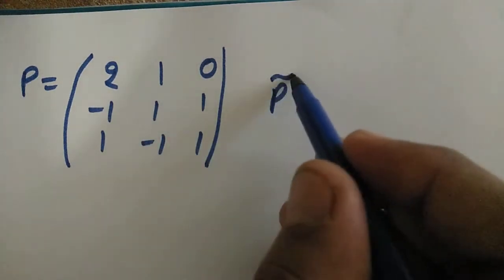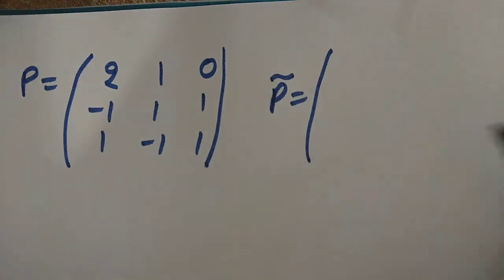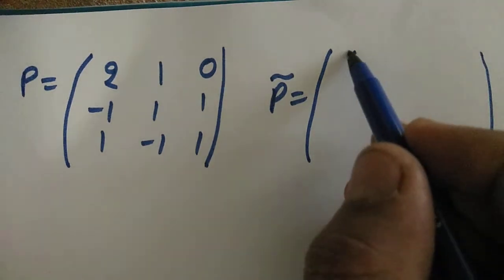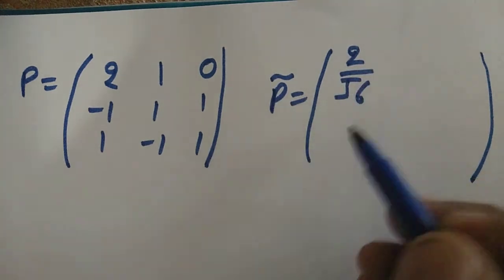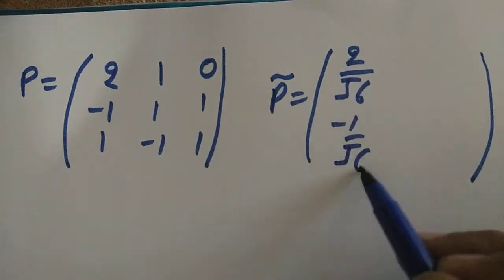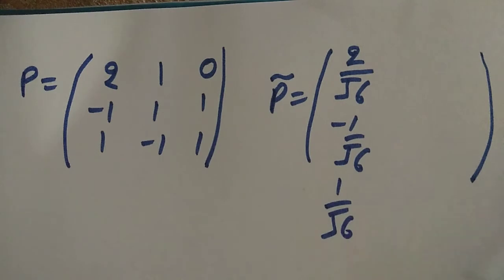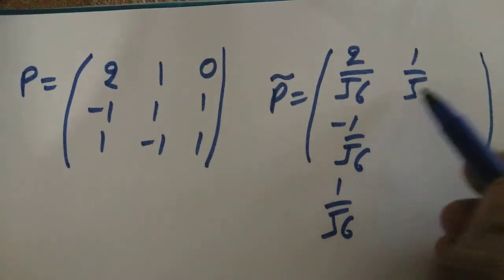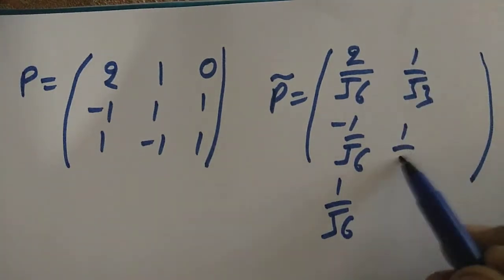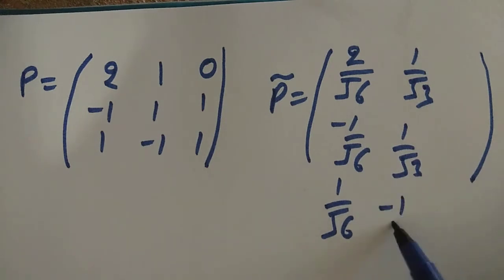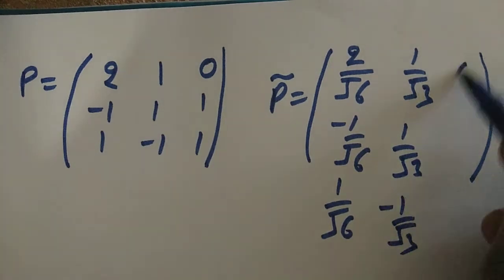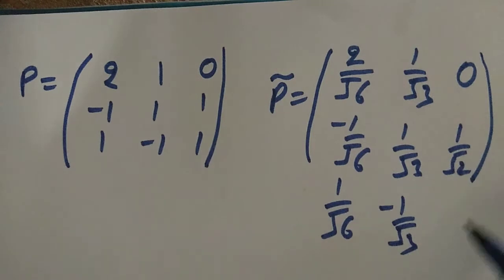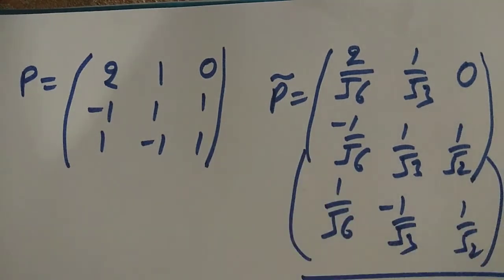This P bar is the normalized model matrix. That will be 2 by root 6, minus 1 by root 6, 1 upon root 6, then 1 by root 3, 1 by root 3, minus 1 by root 3, and 0, 1 by root 2, 1 by root 2. So this is your normalized model matrix.